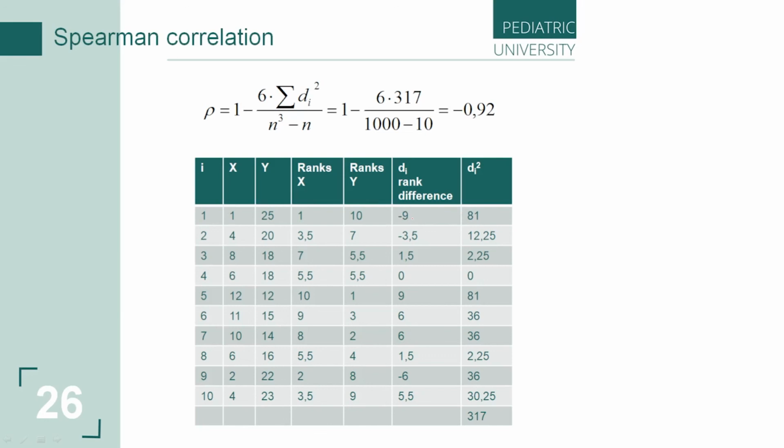After we put the rank differences in square, we sum the last column, which is the sum of squares of rank differences. Substitute this value into our formula and calculate the Spearman correlation coefficient. In our example, it will be minus 0.92.